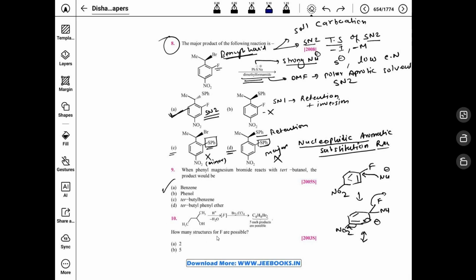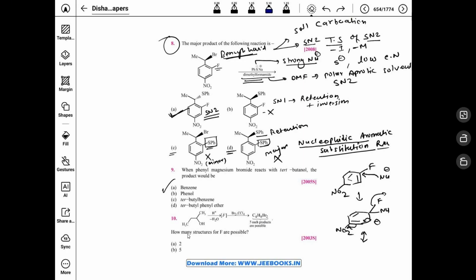How many structures for F are possible? So in the given reaction, this secondary alcohol in the presence of acid loses the water molecule giving F. So F for sure is an alkene, and then after bromination getting 5 products.